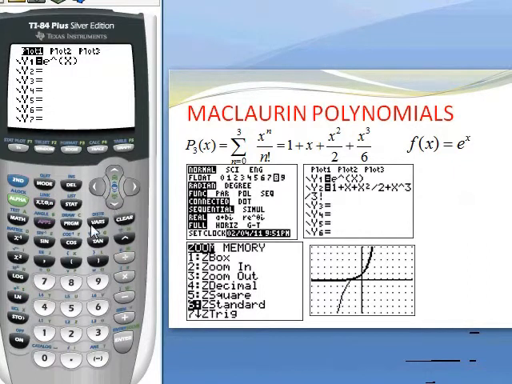And then I'll enter my polynomial: 1 plus x, plus x squared over 2, plus x cubed over 3 factorial, which is 6, so x cubed over 6. Now, you can get the factorial from the catalog.